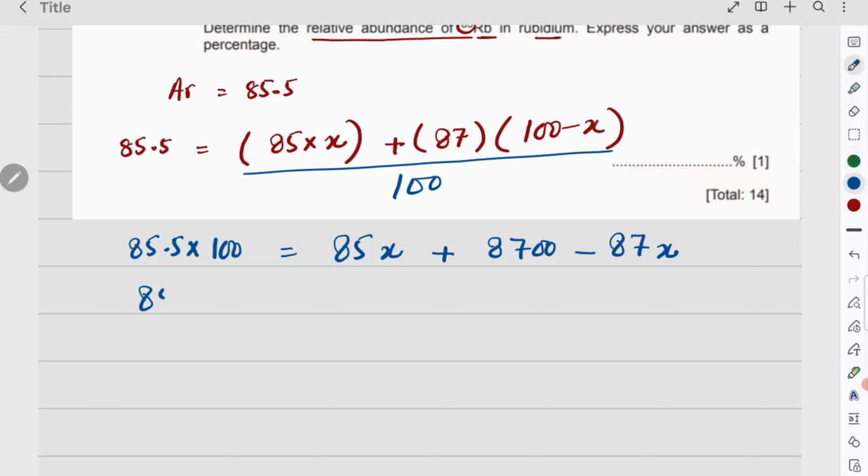So how will we proceed? It will become 8550 and 8700. Now subtract 87x from 85x, it will become 2x. Now we will subtract the value 8550. Let me subtract the values.